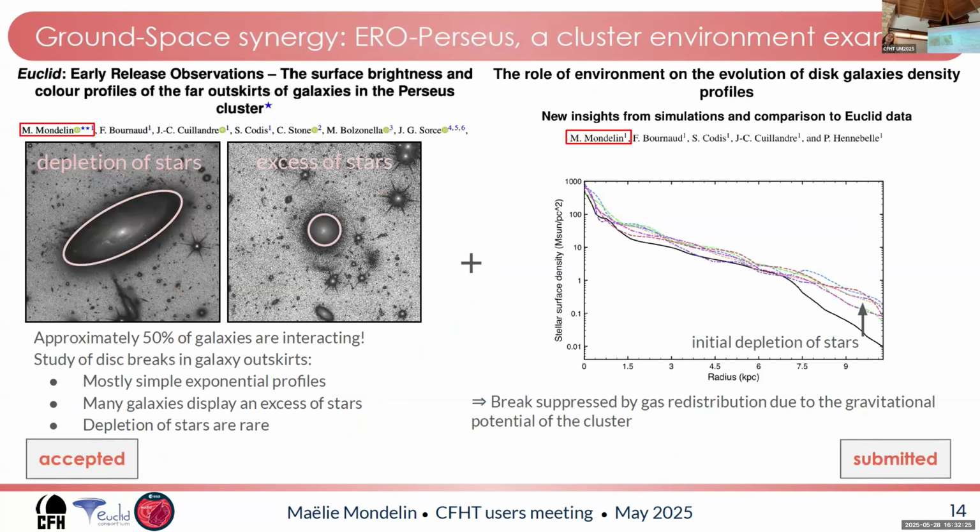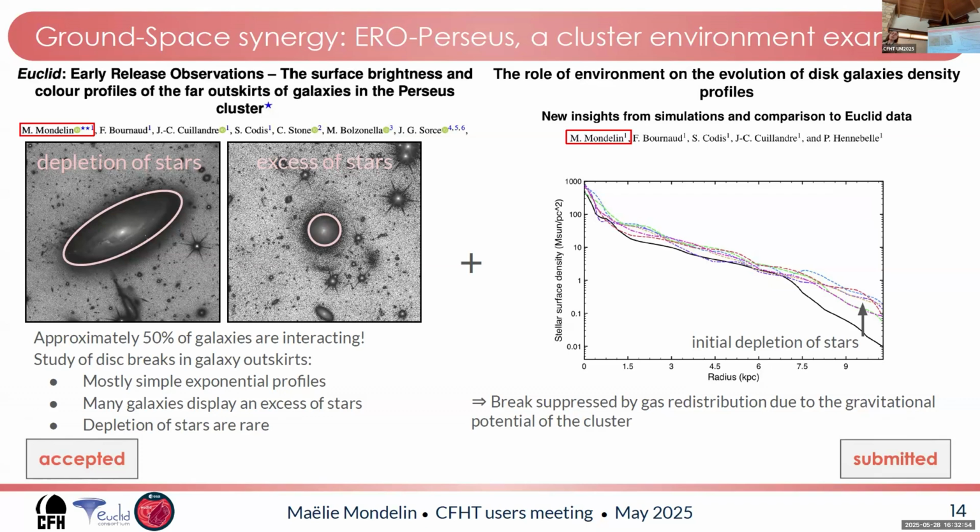And in parallel, I have also used the early release observation to measure some kind of interaction in the outer part of galaxies. Especially, I have worked on the disk break, which corresponds mainly to minor mergers in the outer part of galaxies.